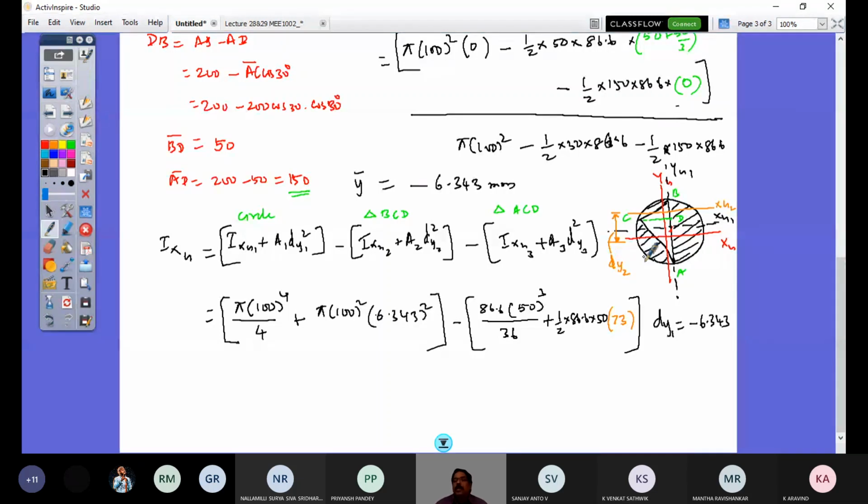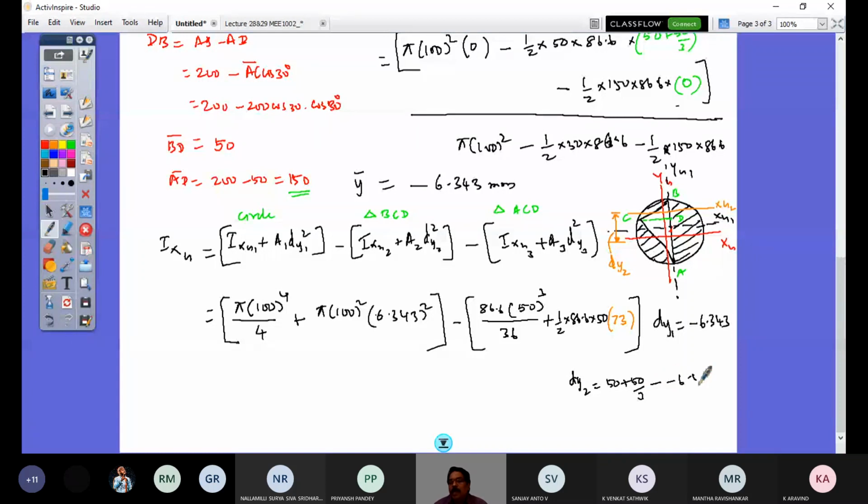See, the xg axis is located from the world reference at 50 plus 50 by 3, right? Because AD is 150. So 50 plus 50 by 3 is where xg1 is. From xg1, this distance is 6.343. So let me write dy2 is 50 plus 50 by 3, then minus of minus 6.343.